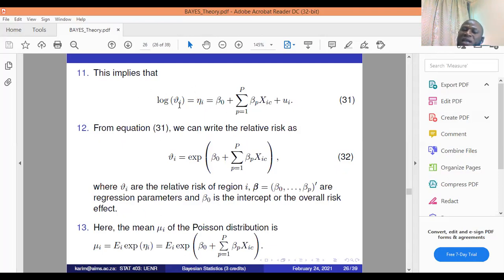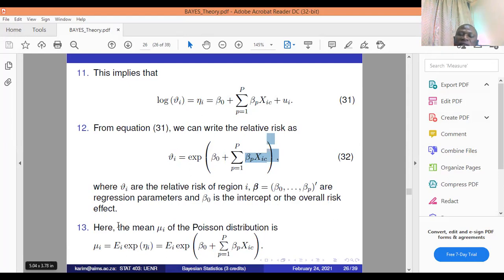If I take the exponent of both sides, then I have the risk of disease in region i equal to the exponent of the whole of this, that is, exponent of beta naught plus beta 1 x1 plus beta 2 x2, which I just sum up here. So you can now see how the risk of the disease is affected by the risk factors. The betas are the regression parameters, and beta naught is the intercept, or the overall risk effect.